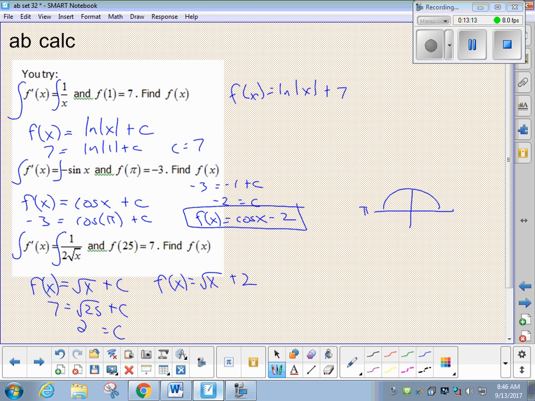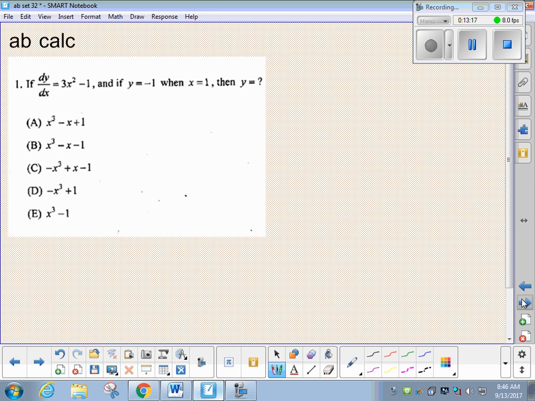How'd that go? All right. I threw one AP multiple choice kind of question on here to get a flavor for how this can look. Give that some thought. There are a couple ways to go at this problem, so I'll let you think about it, talk it over, and if we have 2 strategies to go at this, all the better than just one.